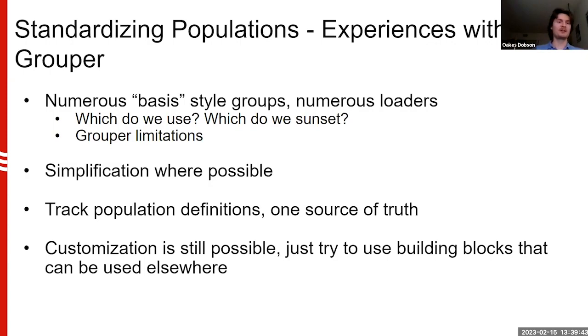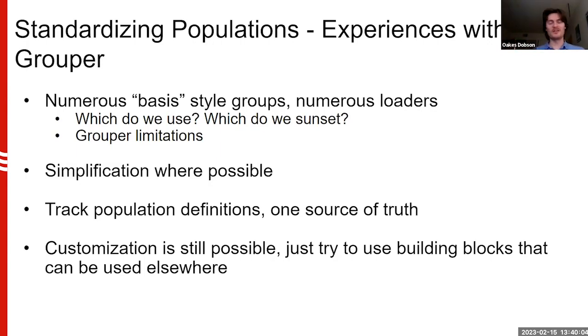So standardizing populations helped us in a number of ways, not just to have a standard definition out there, but also in terms of performance, and to just clean up an application that we've been using for a very long time. So again, the thought there is to simplify where we can and deliver those populations into one spot.